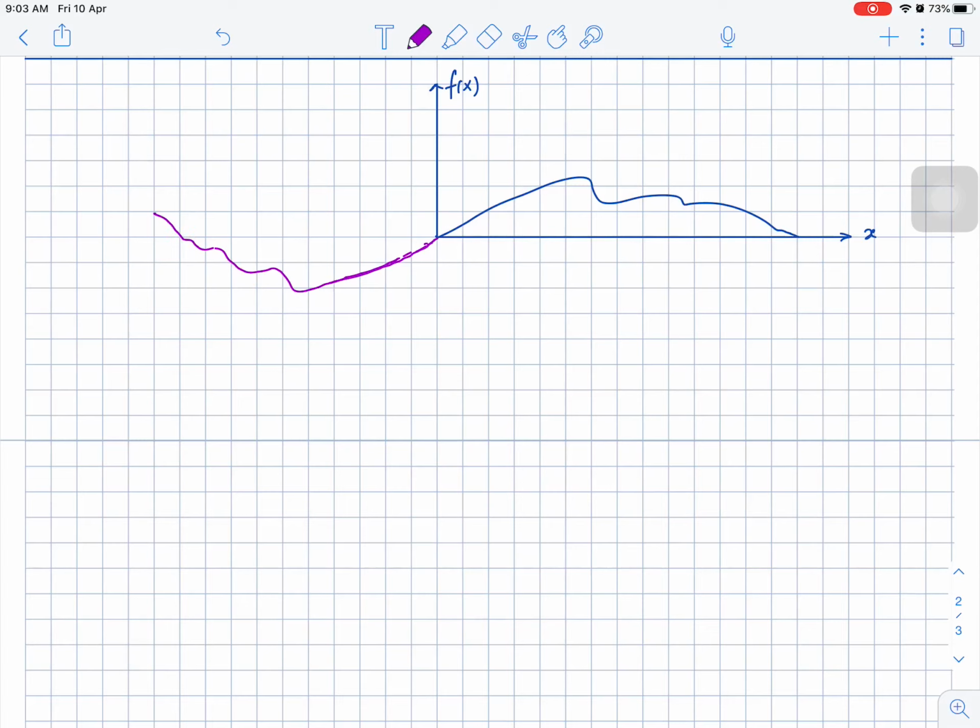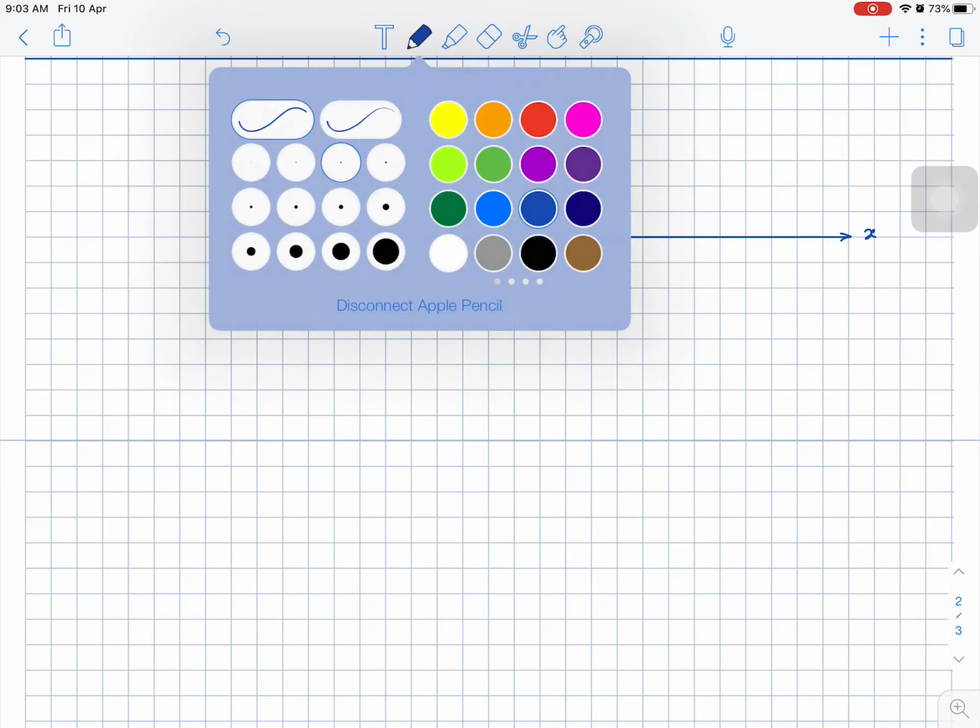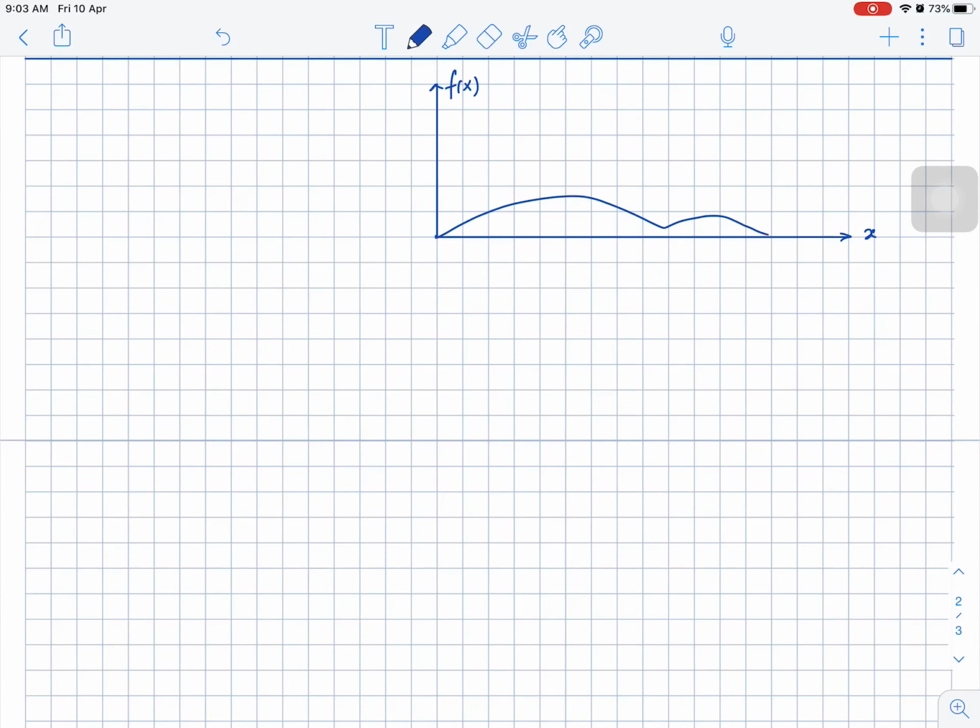Something like this. I will take something simple. So this is the guitar string wave. Now this is a sine wave, this is an odd function.